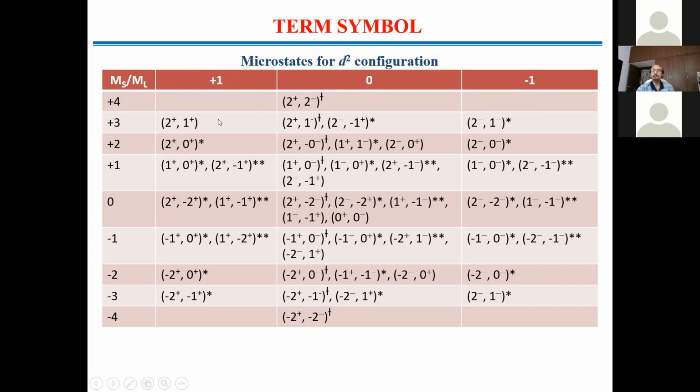But S equal to 0 is active, because you have a term over here, this block. That means your term would be 1G, which means 2S+1, 1G.